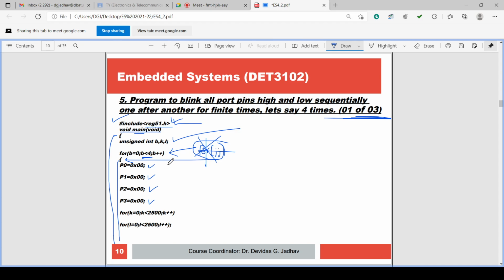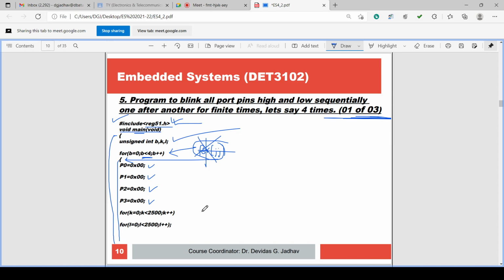So all 8 pins of P0, P1, P2, P3 are outputted with 0 on each pin. So 8 pins for each port, total 32 pins for 4 ports. All ports are outputted with 0 logic, 0 voltage.